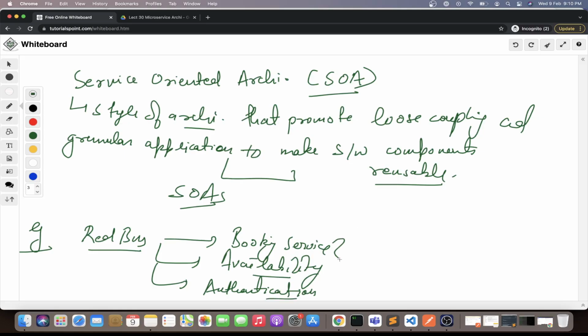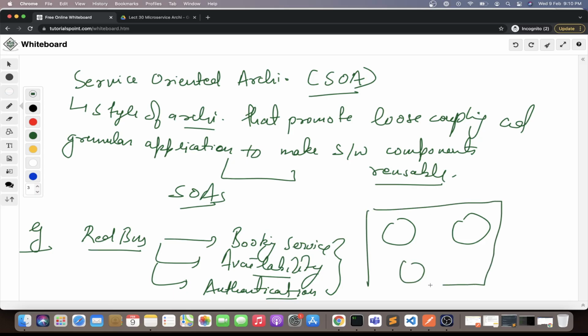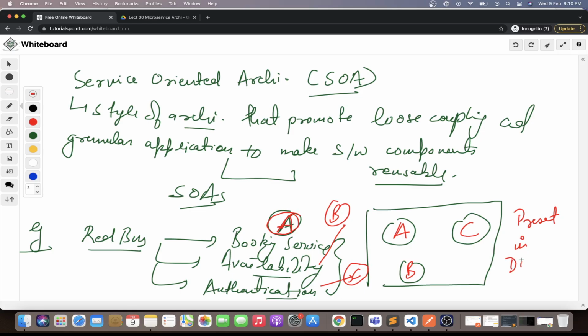So these are the different services, and these different services are present in different code bases. For example, let's say this is the A service, this is the B service, and this is the C service. So A, B, and C are all present in different code bases.